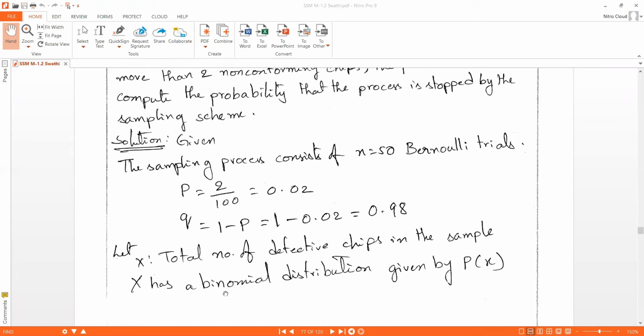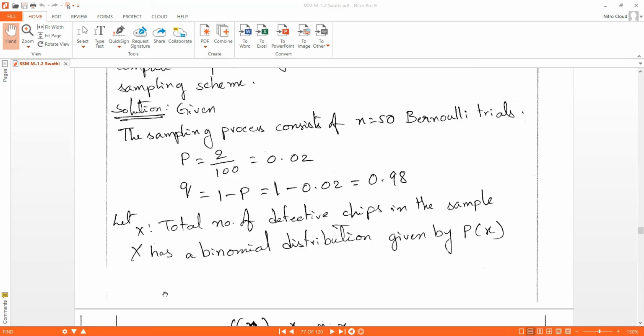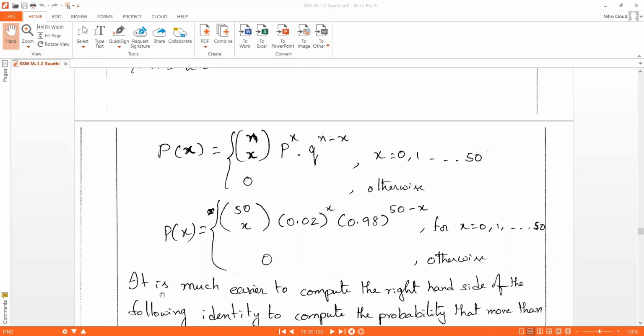Let the total number of defective chips in the sample be x. X has a binomial distribution given by P of x, which is nCx into p power x into q power n minus x, for x equal to 0 to 50, otherwise it is 0.